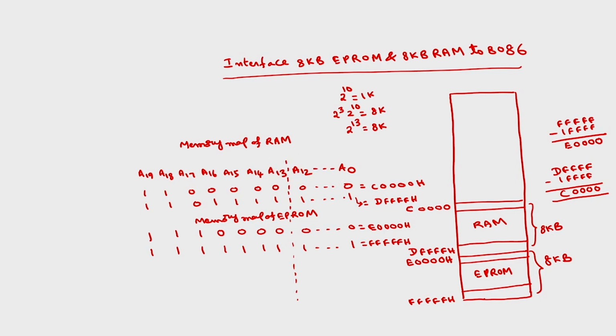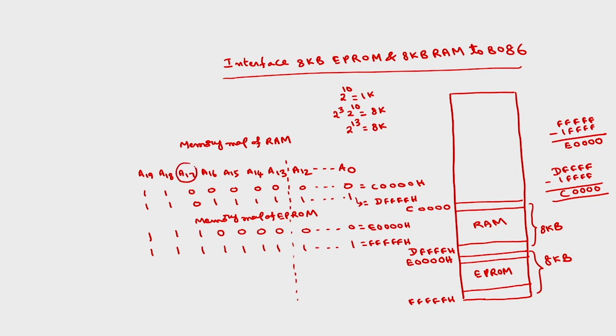A17 will be 0 always, whereas here A17 is 1. So, the only difference between the RAM memory map and the EPROM memory map is that A17 is 0 from starting to ending address of RAM, and A17 is 1 from starting to ending address of EPROM.